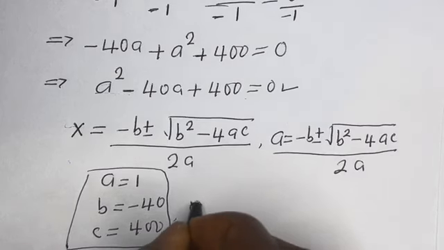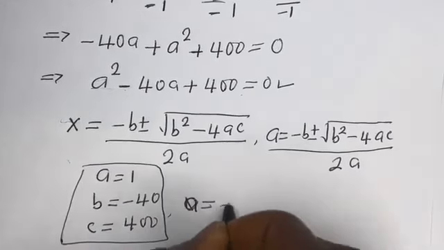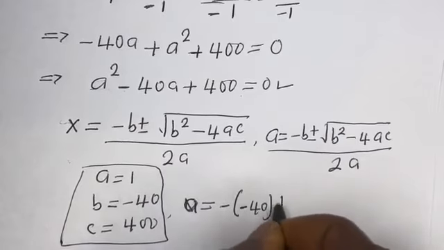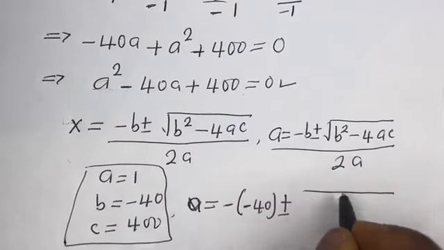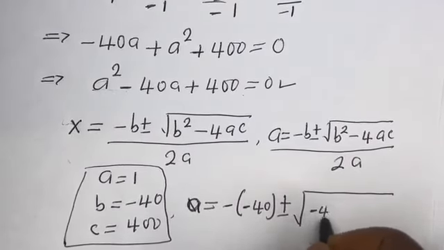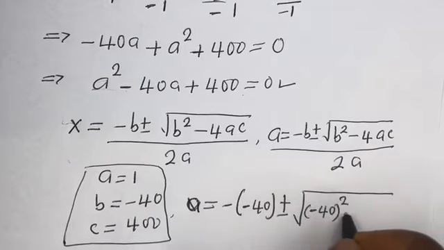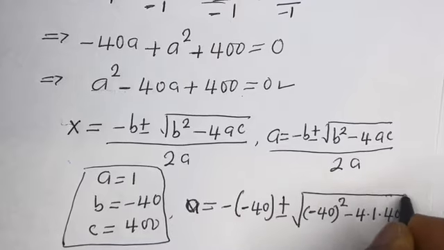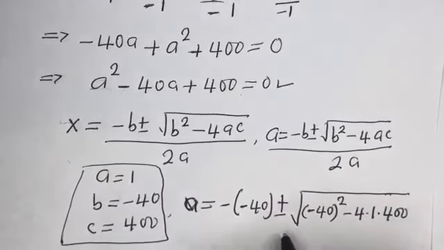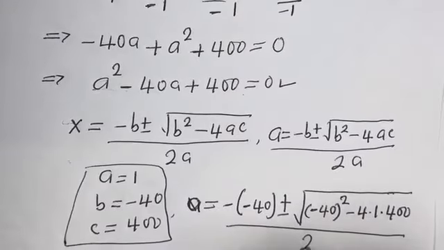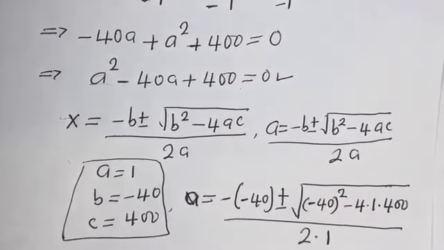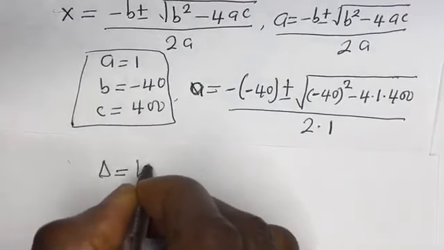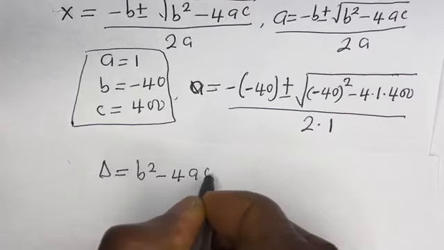So a is equal to minus bracket minus 40 plus or minus square root of minus 40 square minus 4 multiplied by 1 multiplied by c is 400, over 2 multiplied by 1. Or we have discriminant D is equal to b square minus 4ac.